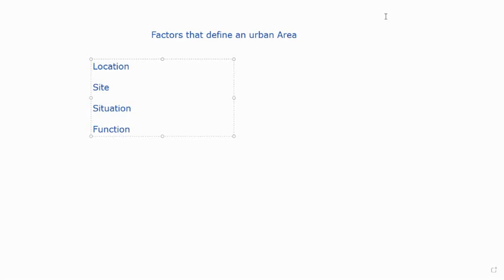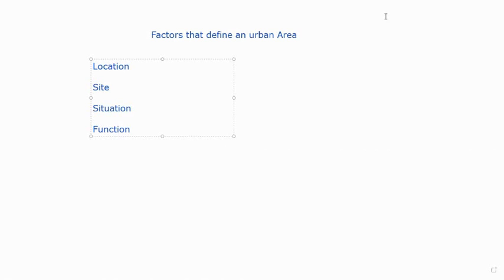Then last one is function. Of course, after taking a number of classes, it's quite easy to understand that function is one of the very important factors of an urban area. Like which special kind of function is provided by that area. Either it has a steel industry, or a mining industry, or a textile industry, or any other kind of industry.